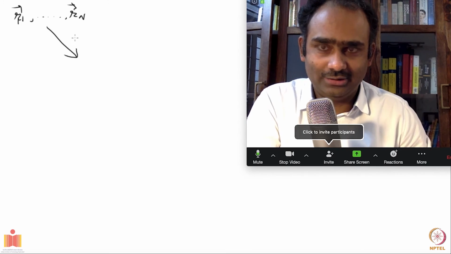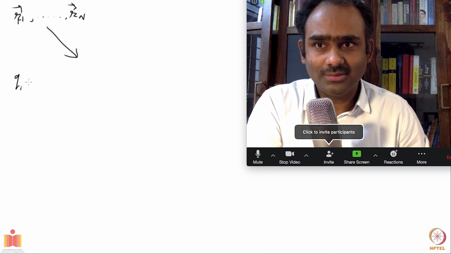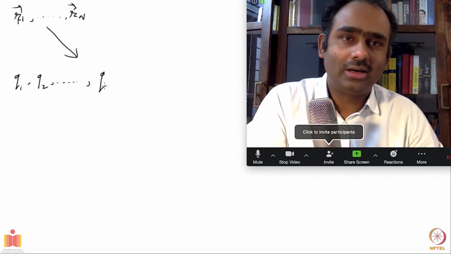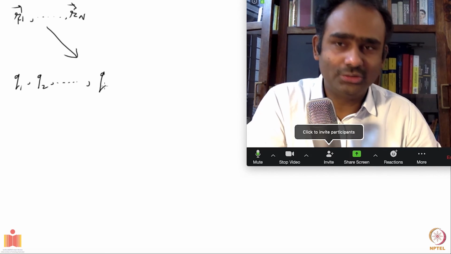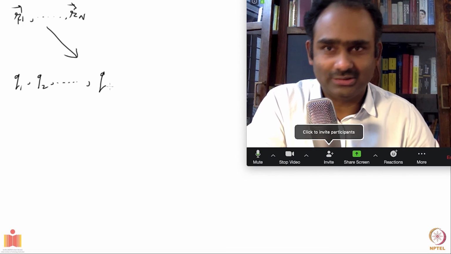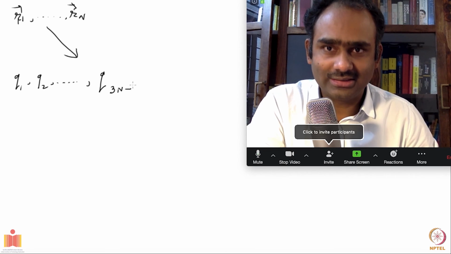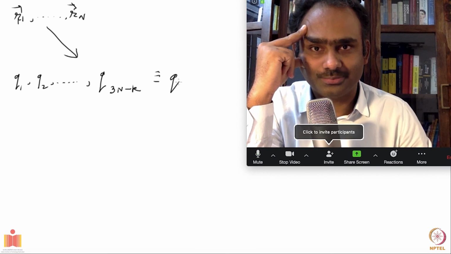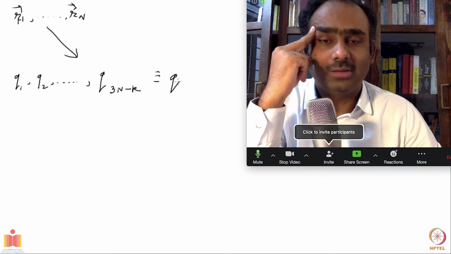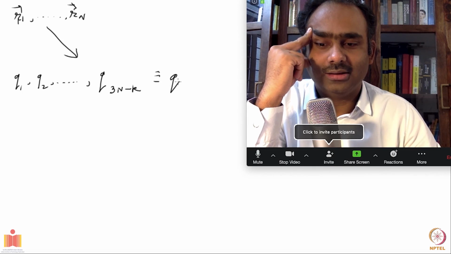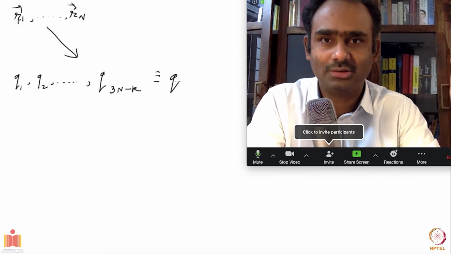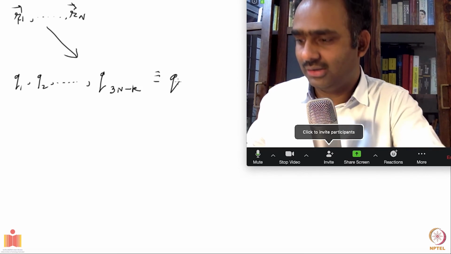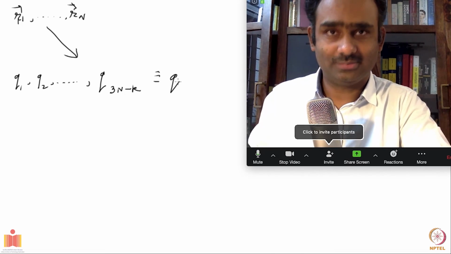Instead, I will use q1, q2, and so forth. I'm saying the q's are the independent coordinates. So you remember there are a total of 3n minus k independent coordinates. Okay, so let me call this set q. So I'll be able to phrase my problem in terms of these independent coordinates, and that is why I'm interested in holonomic constraints. If your system is not holonomic, this you will not be able to write down.